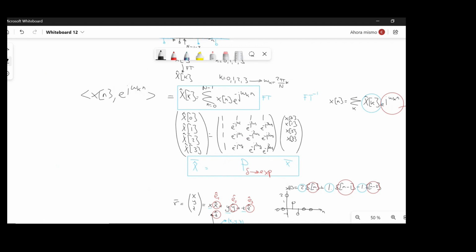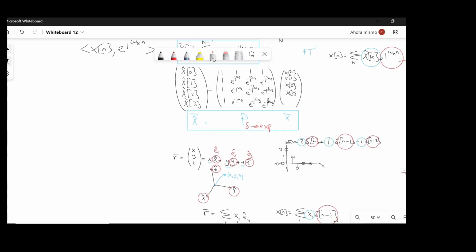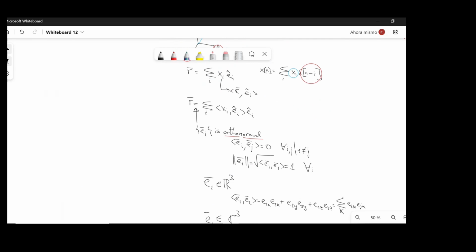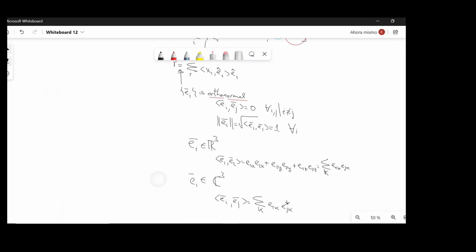So this is X of k. This is the inner product between your signal and your basis function. And because for complex valued signals or vectors, we have defined this, we have used this complex conjugate here.